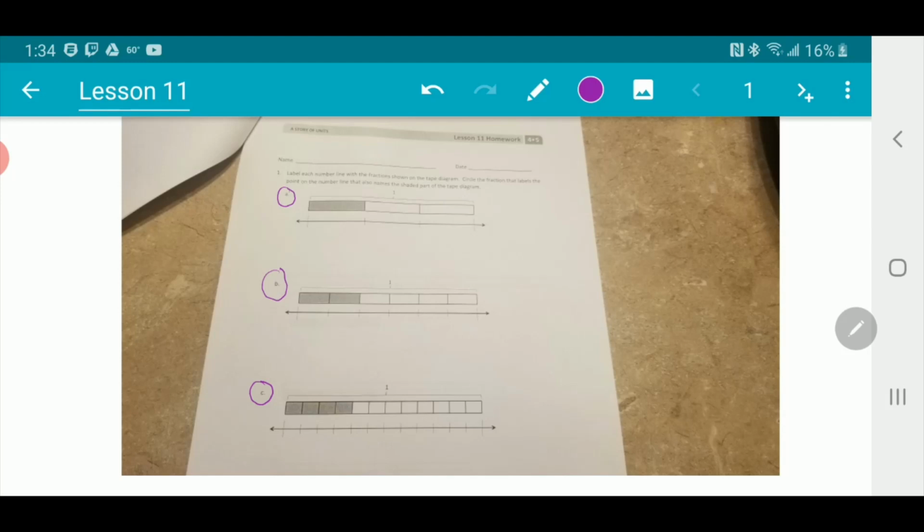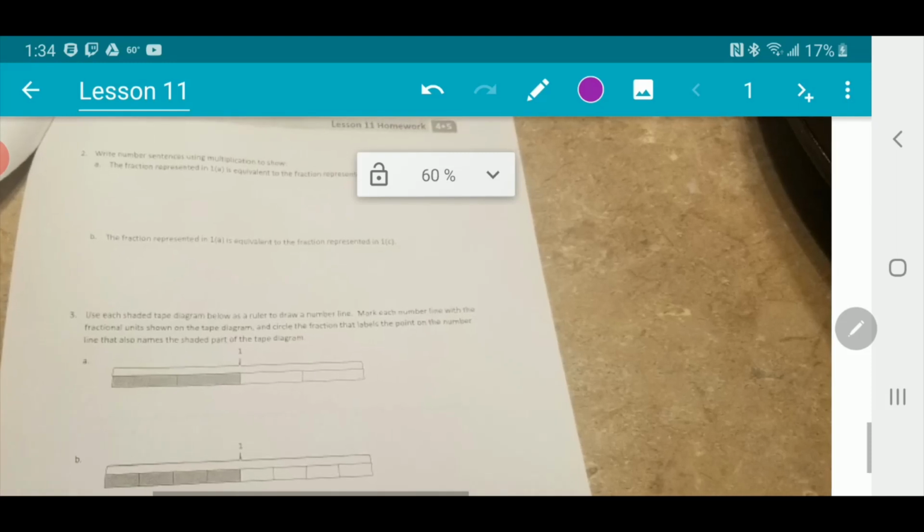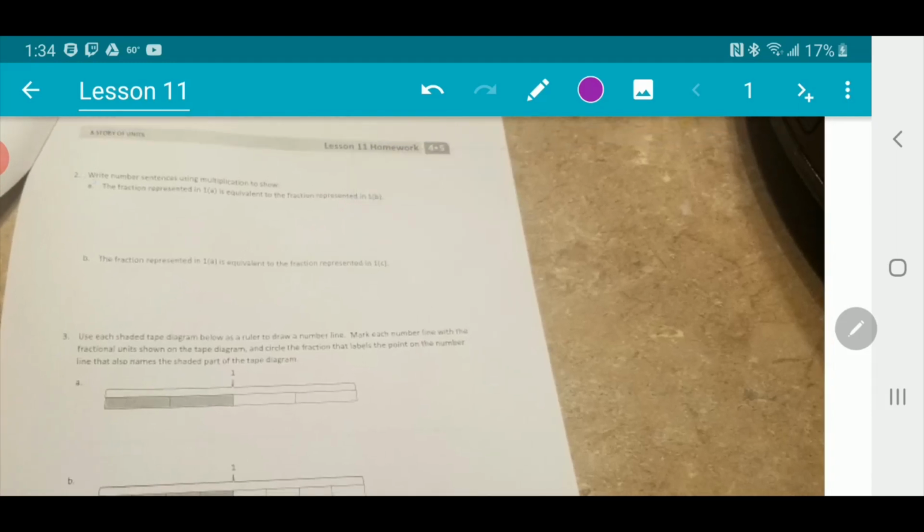After you circle those 3 problems, go ahead and turn to the next page. On the next page, I want you to do question 2A and 2B. So go ahead and circle those. These problems look exactly like the problems we did together in the problem set.